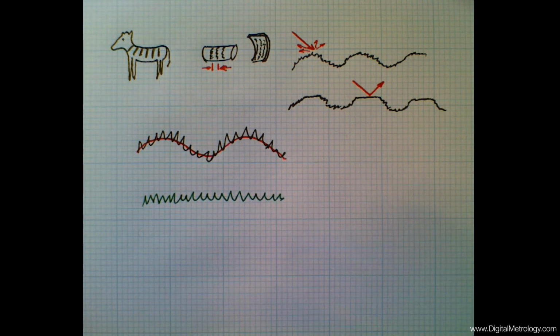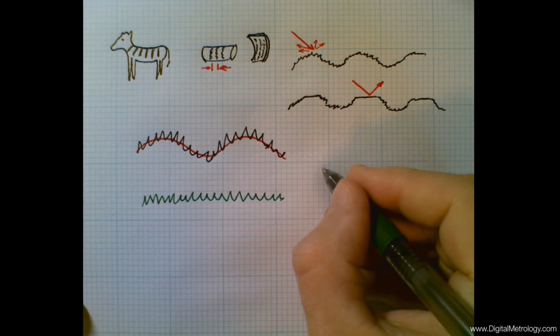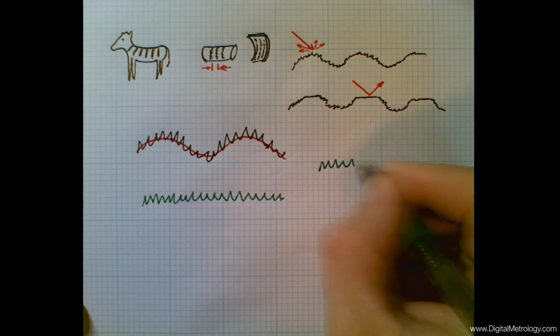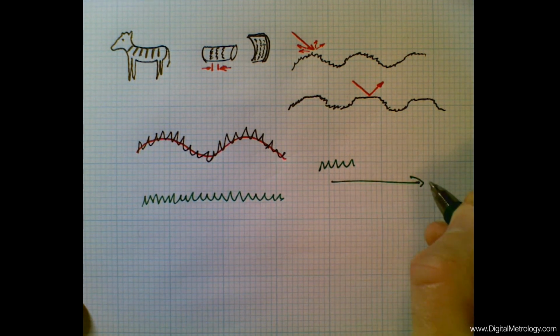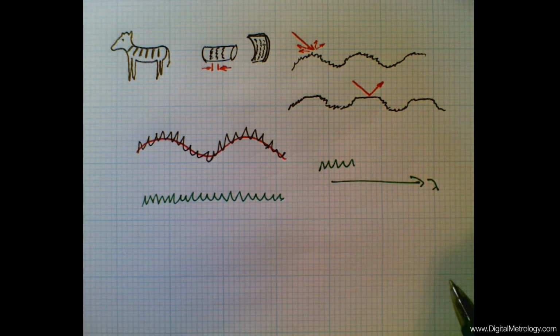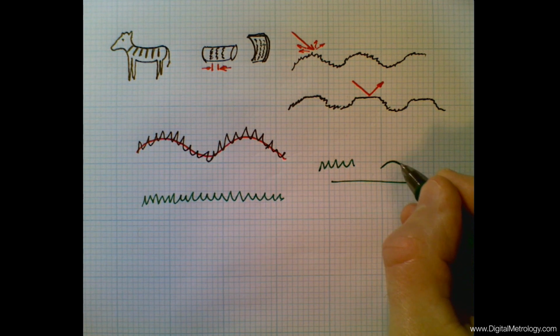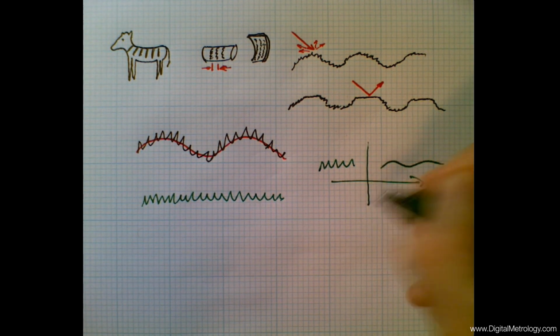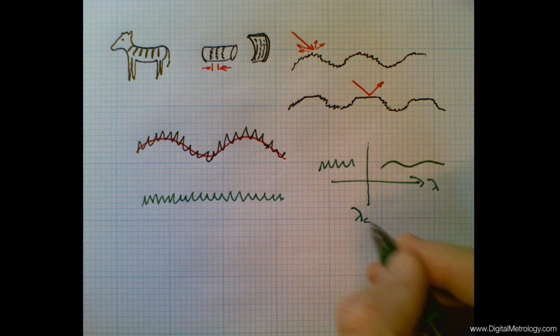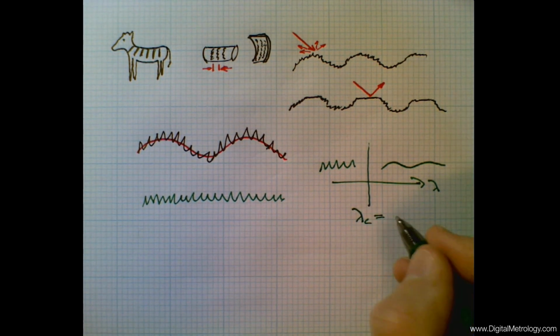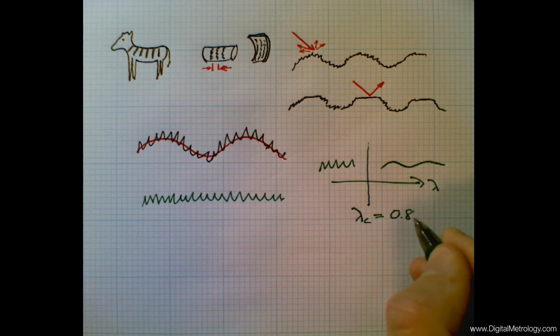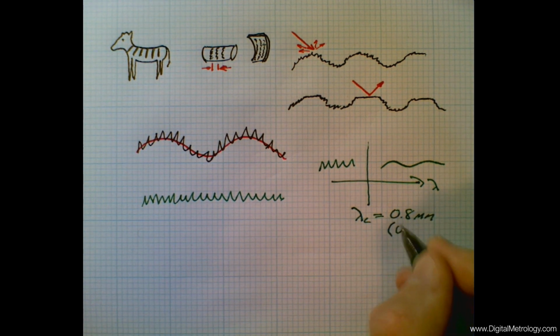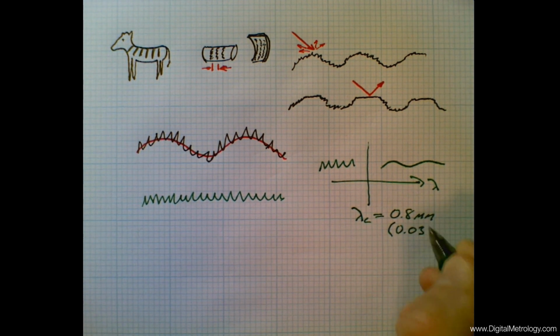Now, the separating point, the point where we say roughness is short wavelengths, we'll put lambda here as our wavelength indicator, and waviness is our long wavelengths. The point between is typically a wavelength that we'll call a cutoff wavelength of 0.8 millimeters or 30 thousandths of an inch.